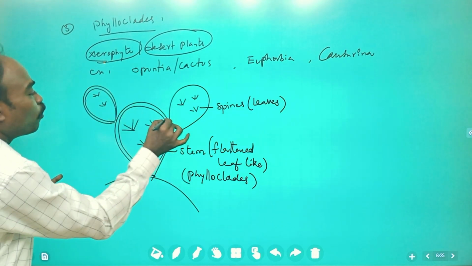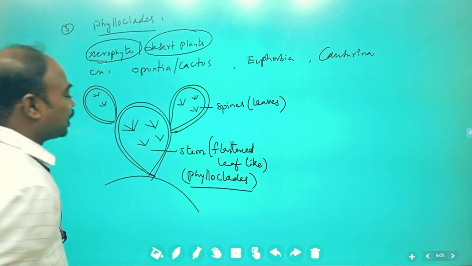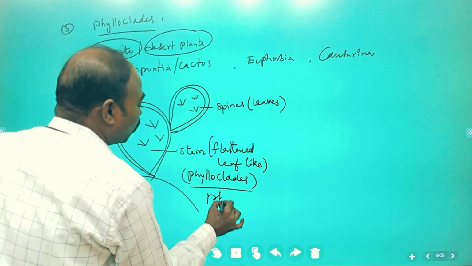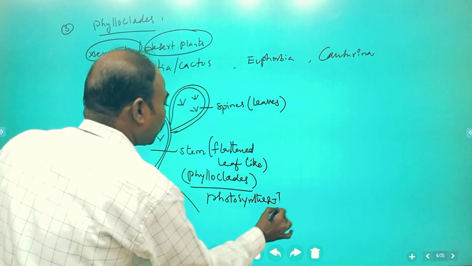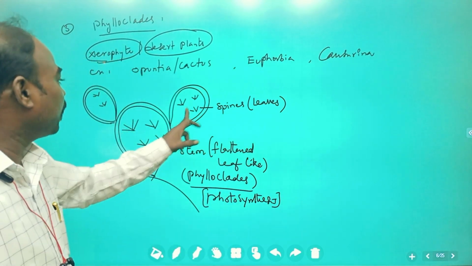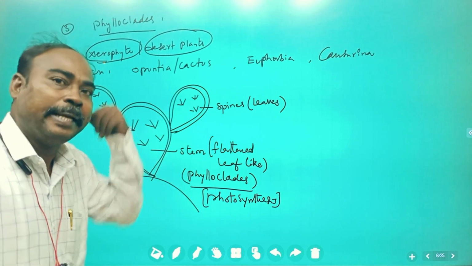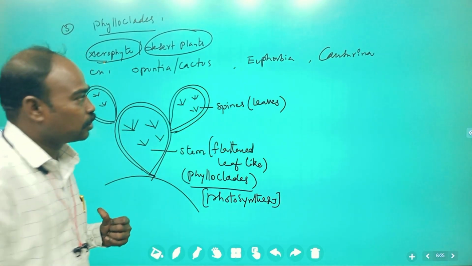The stem itself gets modified into flattened structures called phylloclades and performs photosynthesis. So the complete aerial stem is modified into phylloclades, and the complete leaves are modified into spines in this cactus plant.